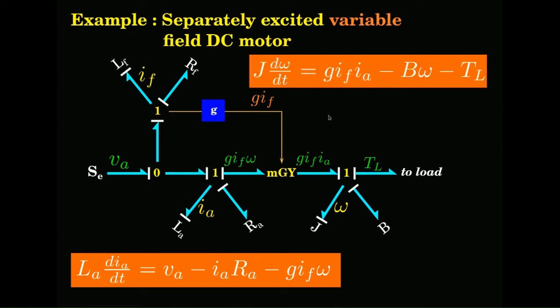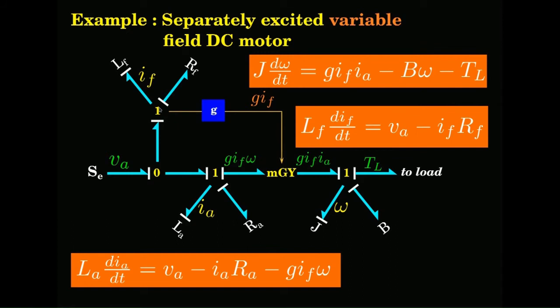Now, for this junction, I have to look at this flow decider. Developed torque is GIF IA into the junction, therefore positive, TL out of the junction, minus B omega dissipation, minus B omega is J d omega by dt.